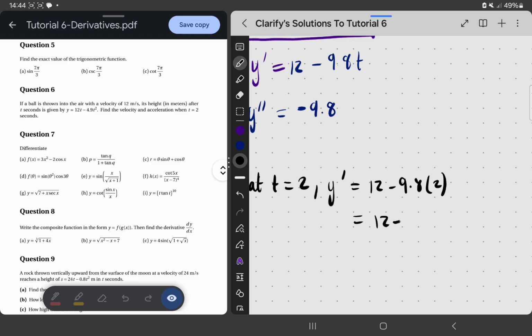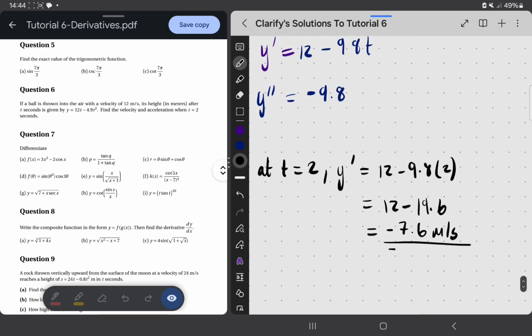What is 9.8 times 2? It's 19.6. So 12 minus 19.6, and that is negative 7.6 meters per second.